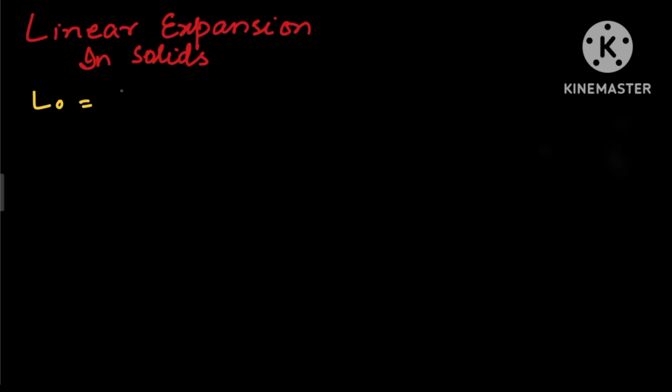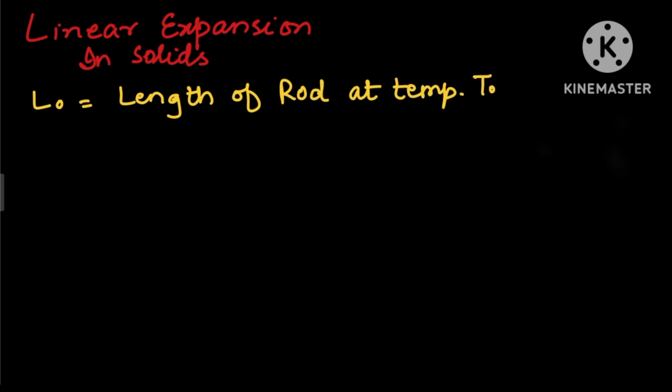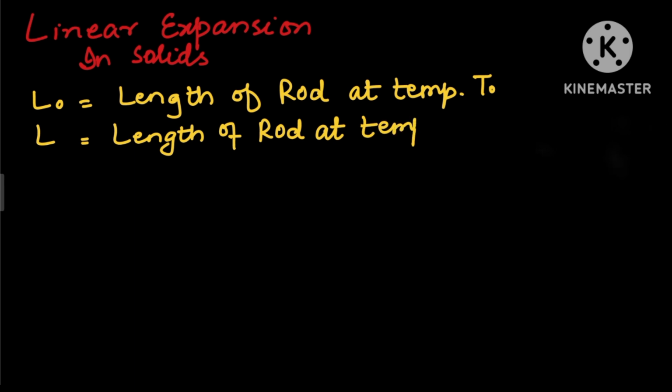Expression for linear expansion in solids. As we know, L0 is the original length at temperature T0, L is the increased length at temperature T. So, delta L equals L minus L0.